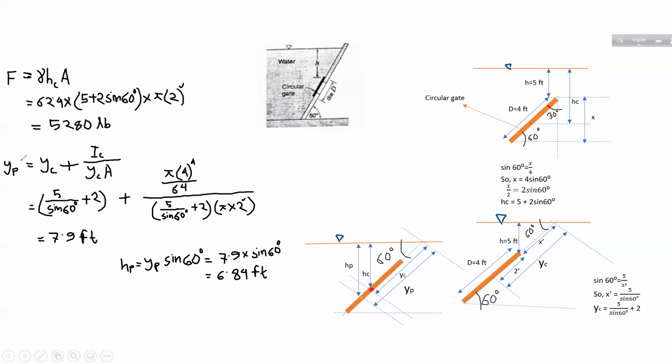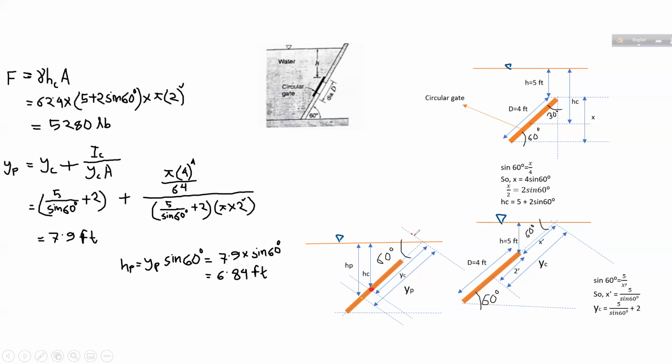Now let us calculate the center of pressure YP. The formula for center of pressure YP is equal to YC plus IC divided by YC A. So what is YP and what is YC?